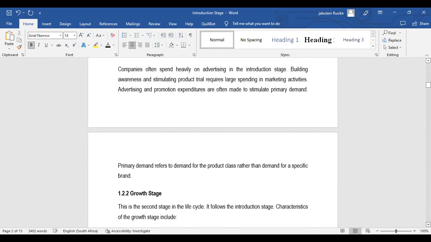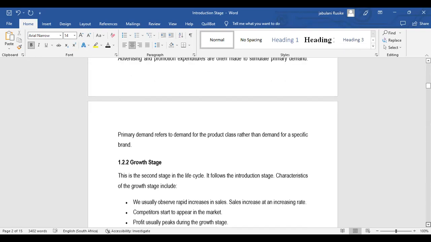So these are the characteristics of the introduction stage. So now you are keeping in mind that, okay, fine, these are the characteristics. After I'm done explaining these stages, I'll then go back and see which characteristics Gillette has in terms of the stages that I've gone through.